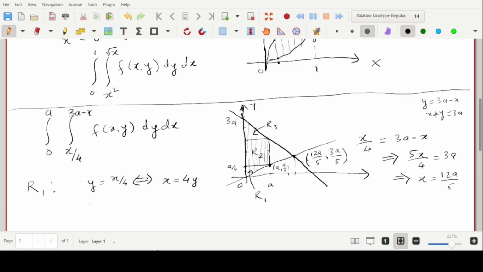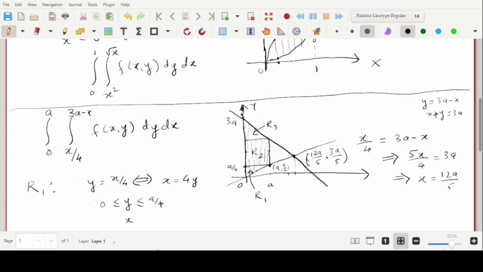So for R1, y varies from 0 to a over 4, and x varies, for every y between 0 and a over 4, from 0 to this point on this line, which is the line x equal to 4y.